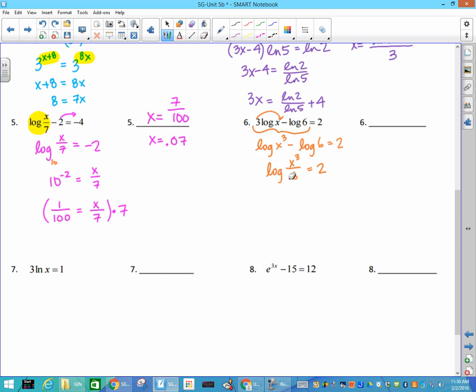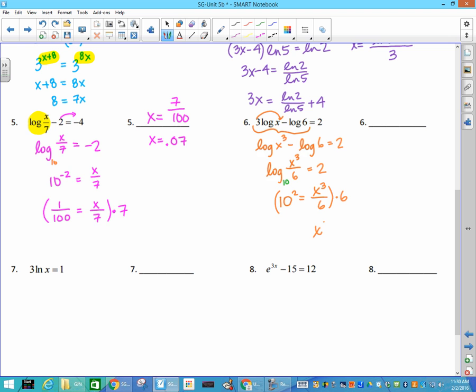And just like we did, we have a base down here that is understood to be 10. So that means 10 squared equals x cubed over 6. And then I'm going to multiply both sides by 6 to get rid of the 6 on that side.